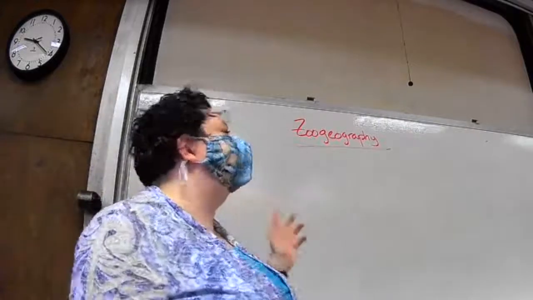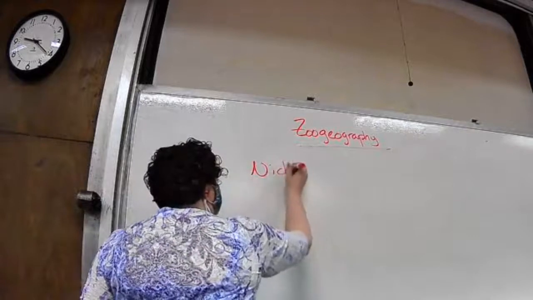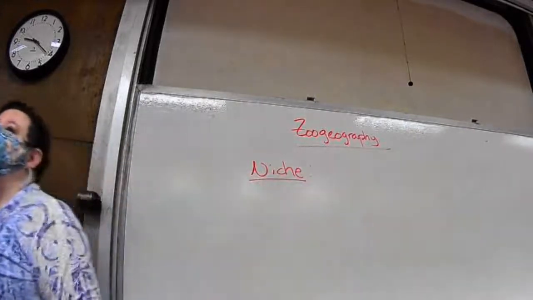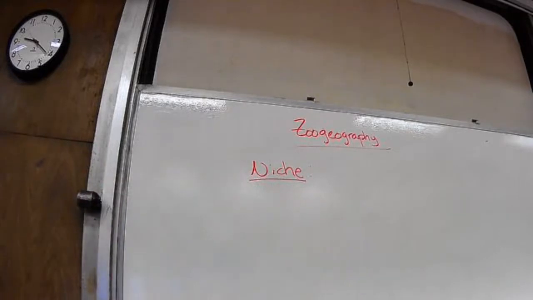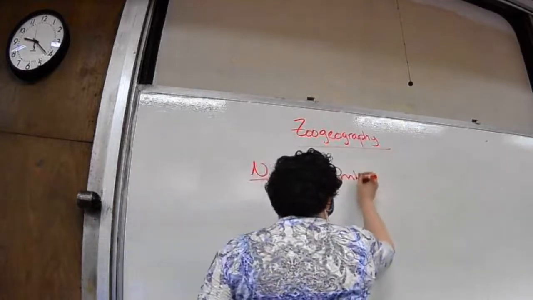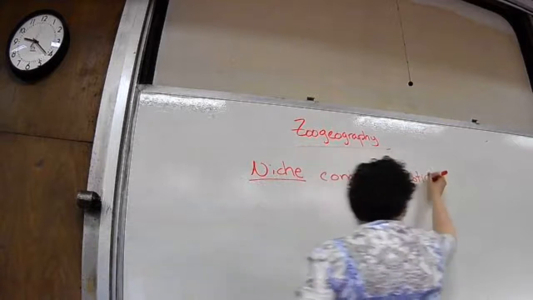All right, so we had just finished talking about niche, and that's what we did at the end of class. Remember, niche is just this combination of the biotic and abiotic.